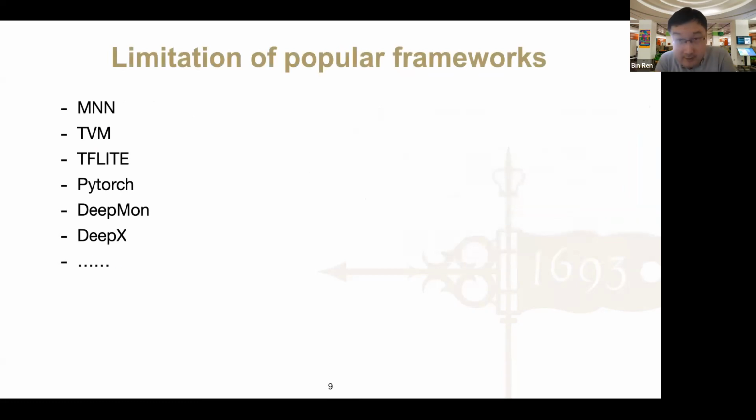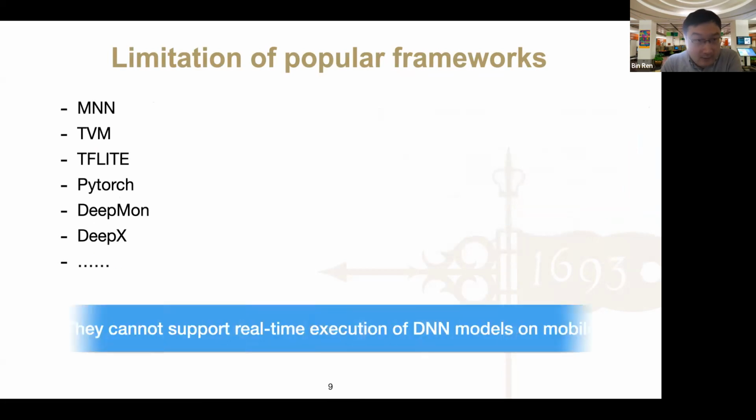And let's look at the popular frameworks like MNN, TVM, and TensorFlow Lite. As I mentioned, all of these are highly optimized frameworks to execute DNN applications. However, they cannot support real-time execution of DNN models on mobile, mainly because they cannot efficiently support compressed models on mobile devices.